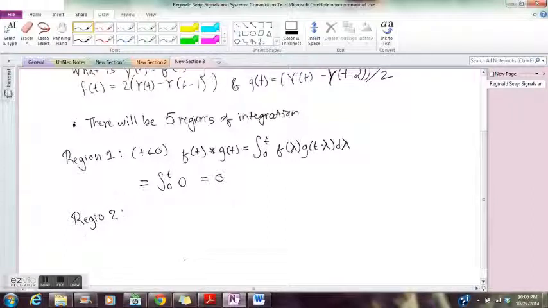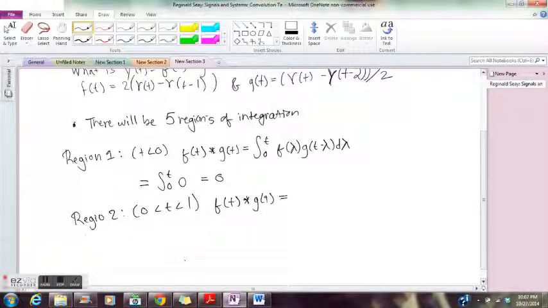So now we do our region 2. Region 2 is 0 less than t less than 1.